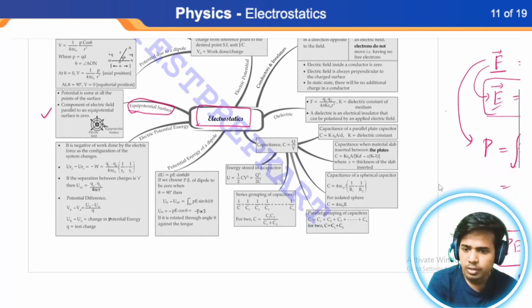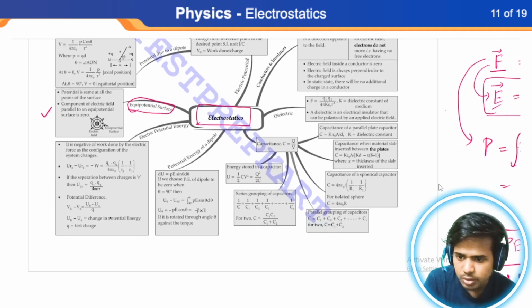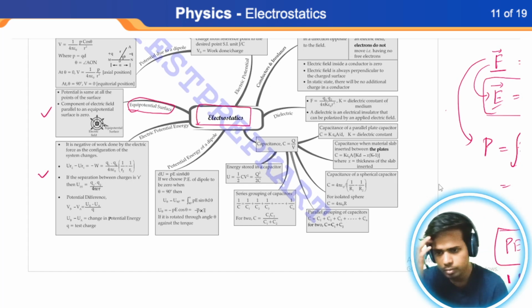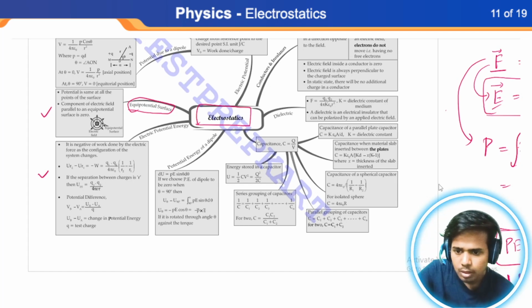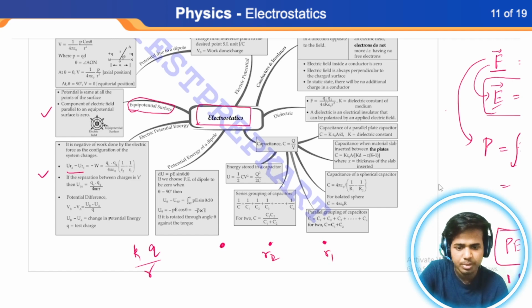Now I think we can discuss this one as well. This is of course something we have already discussed, because it is simply kq upon r. If we take it from this point to this point, which is r2 distance away and r1 distance away from this charge, then the potential difference can be written as potential at this one minus potential at this one.